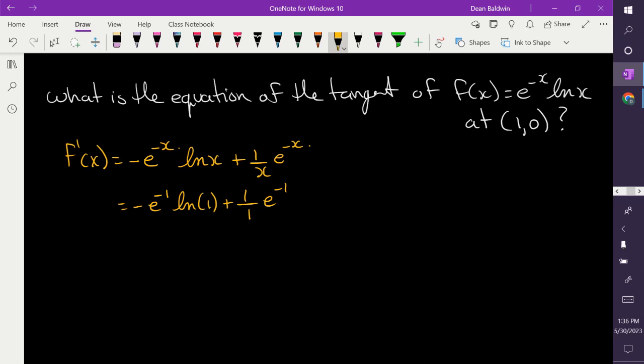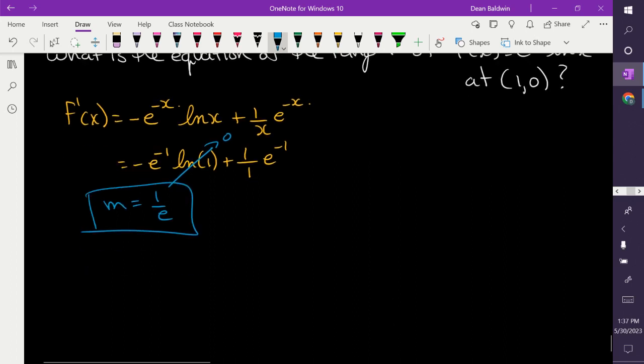Why? Because the natural log of 1 equals 0. So that whole side disappears. You're left with e to the negative 1, or 1 over e. That's your slope. It's a beautiful slope, 1 over e.